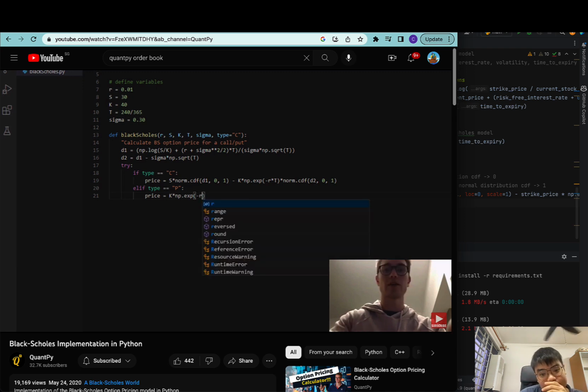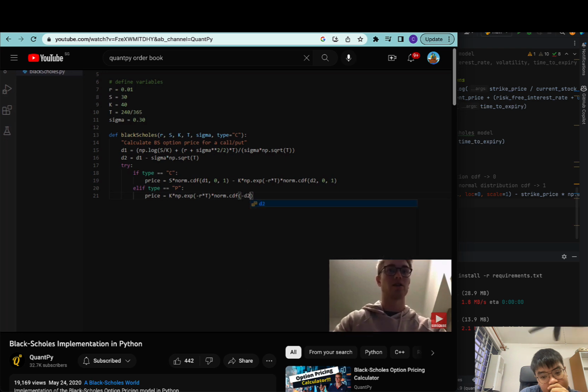Discounted strike times the normal distribution of minus D2, centered around 0, variance of 1, minus S times norm.cdf of minus D1, 0, 1.